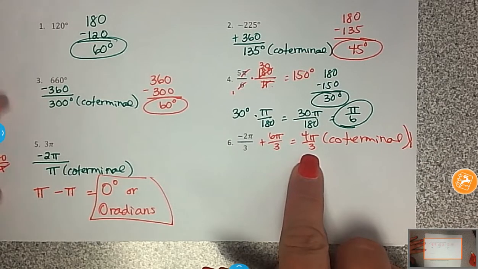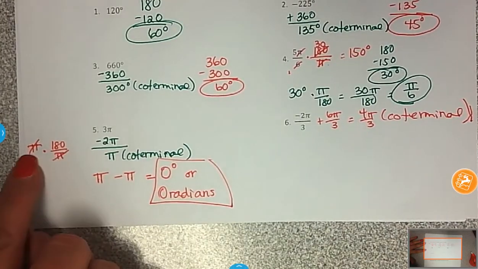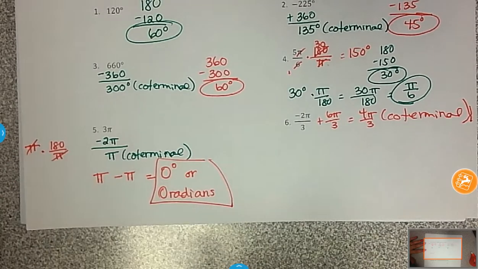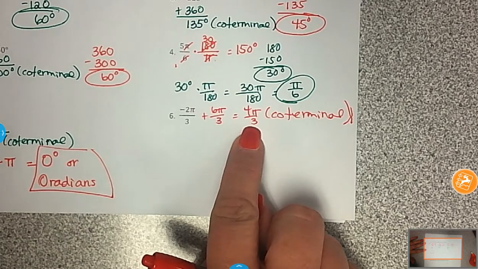Well, what I want to do here is, since it's not in degrees, using 0, 180, and 360 is kind of tough. But I know that 180 degrees is equal to pi. So what I know is that this is a little bit bigger than 1 pi.